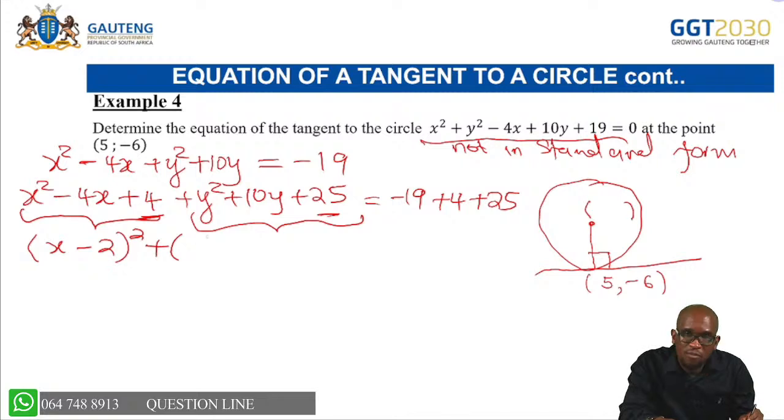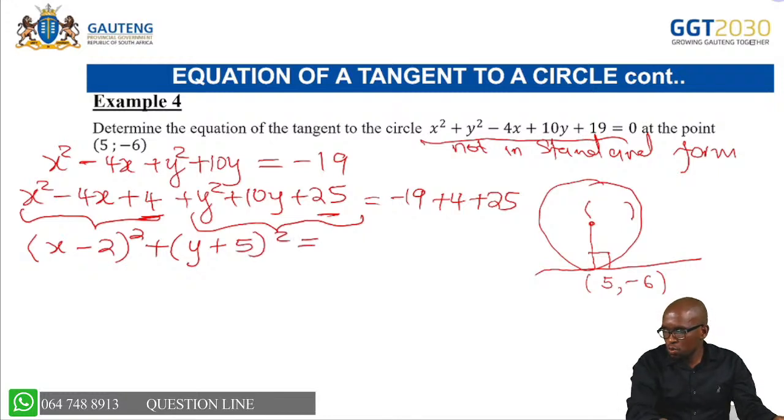Plus, we do the same for y: the square root of y squared gives y, then the sign of the middle term, which is positive, and then the square root of the last term, 25, which is 5, and then we square the result. And this would be equal to, if we add -19 plus 4 plus 25, 10.